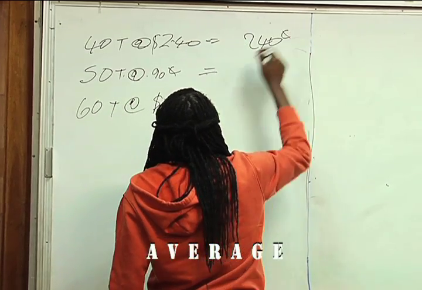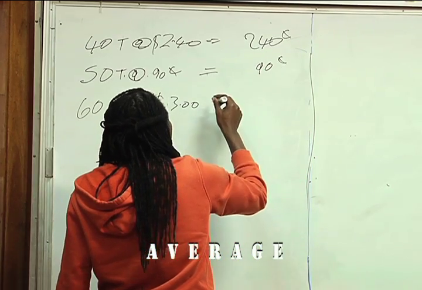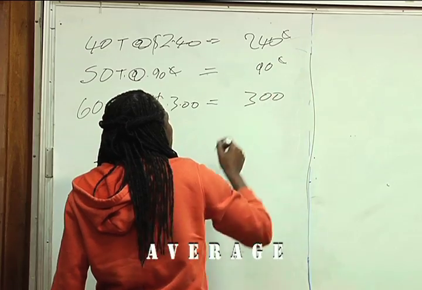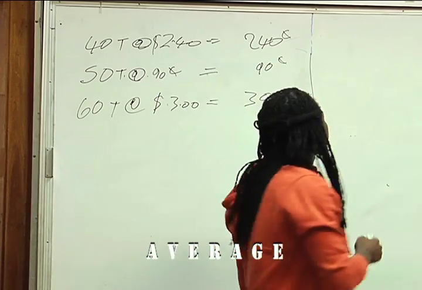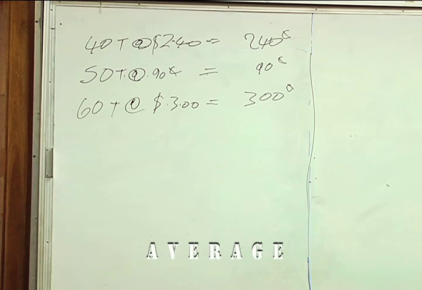And $3 equals 300 cents. Everybody see that? So he says here, 40 tins of soup at $2.40, 50 at 90 cents, and 60 at $3. Find the average price per tin.